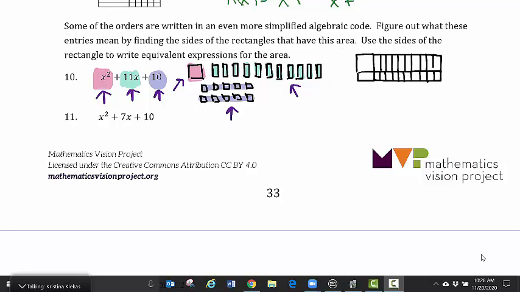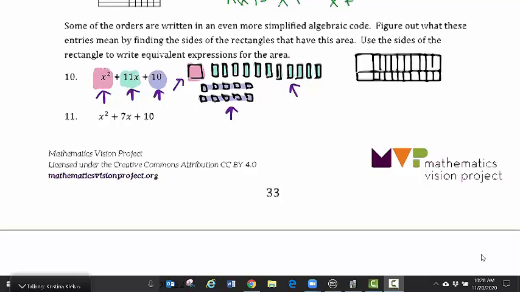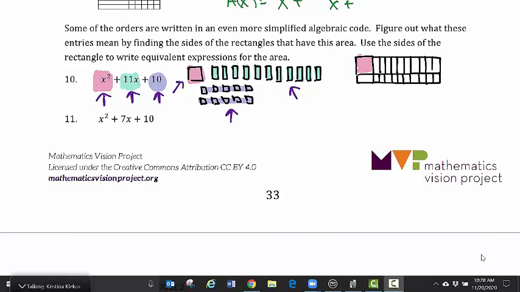In order to make a proper quilt, you would have 1 x squared right here, 10 of your x's right here, and 1 right here. If you did it any other way, you'd end up with holes. It wouldn't make a full rectangle. And if you do that, you'll end up with the 10 ones, and now you have your quilt. So then we could rewrite it and say, well, this is x plus 10.